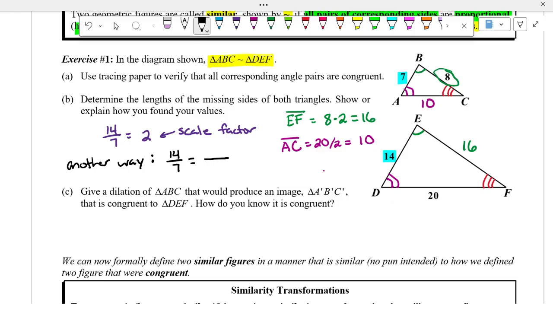So where would AC go in this proportion, on the top or the bottom? It's on the bottom because we want to be next to the 7, because they're on the same triangle. And then we would put 20 on top because 20 goes with the 14 because they're on the same triangle. And then we get to do what you guys always want to do when you get fractions and cross multiply.